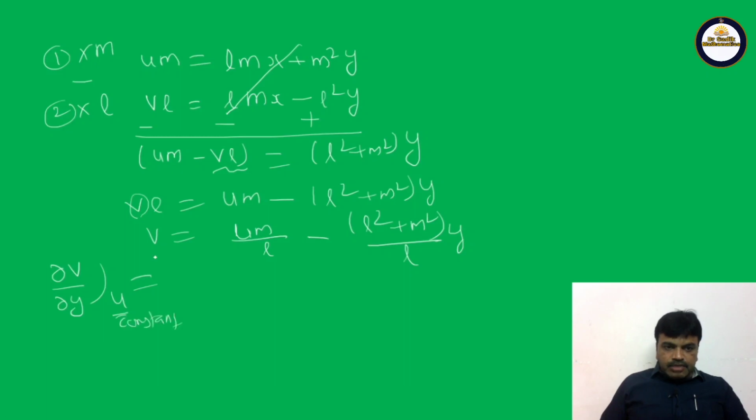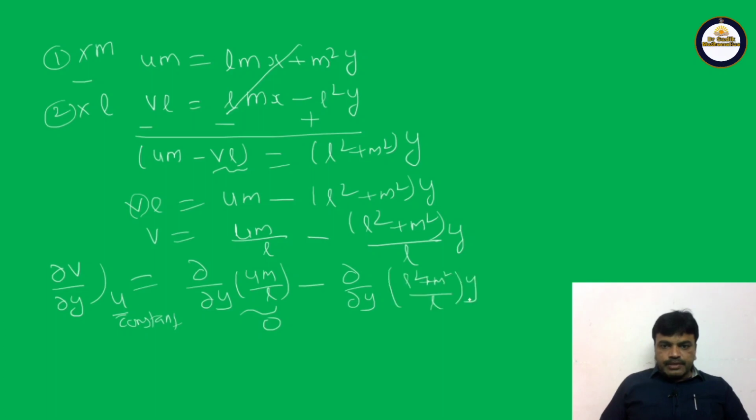So we get ∂/∂y of um/L, which becomes 0, minus ∂/∂y of (L square plus m square)/L into y, where the derivative of y is 1. So finally we get minus (L square plus m square)/L.